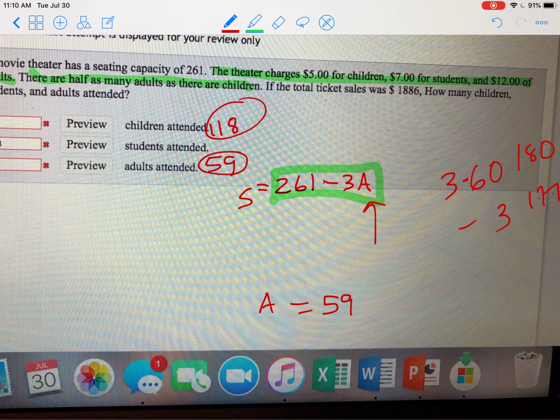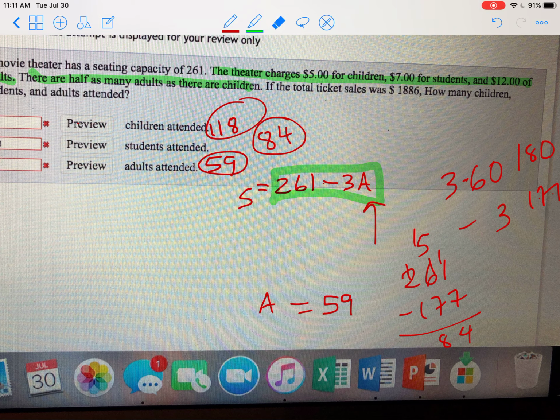Over here we get 177. All right, and that's how, oh, no, we don't get 177. That's just what 3 times A is. So that goes here, and then we get 261 minus 177. There we go. And you subtract, and you get 84. So you actually get 84 for students.